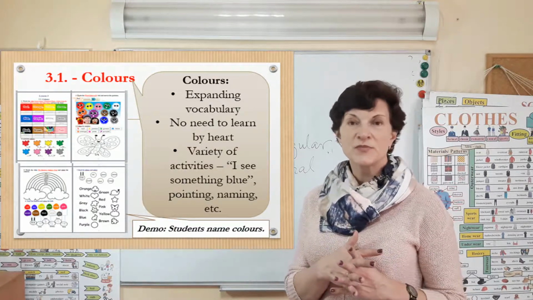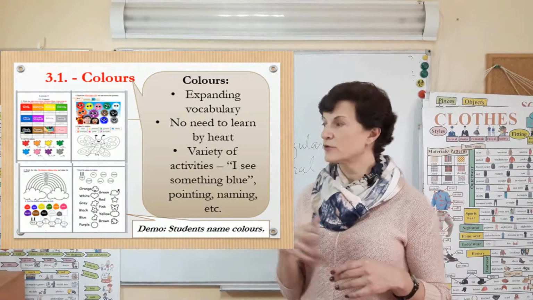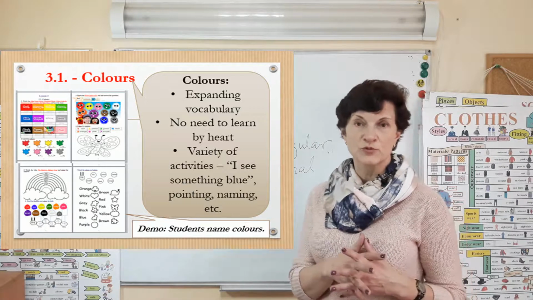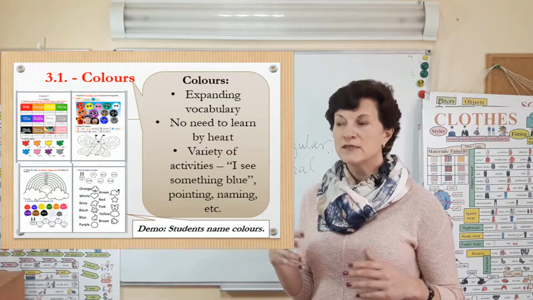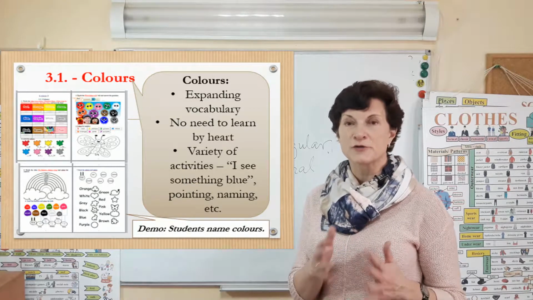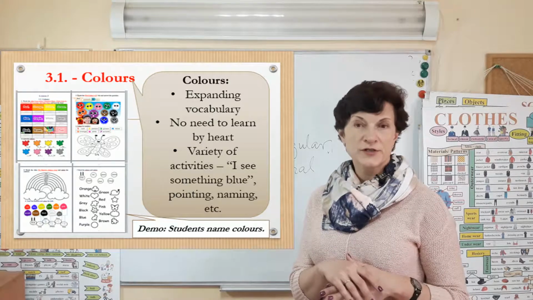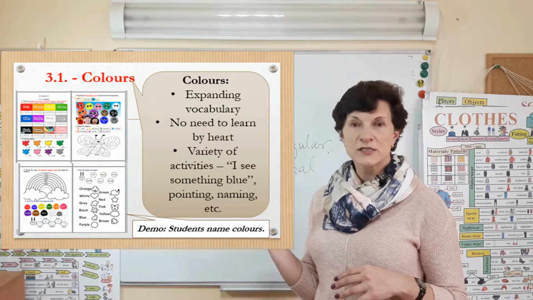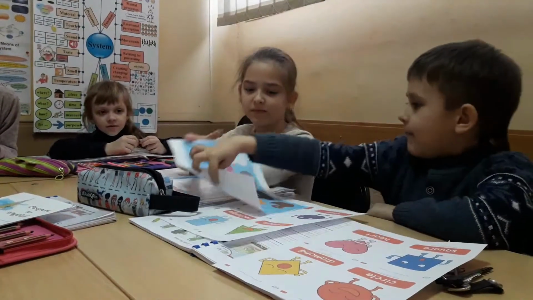But actually there may be many more, such as I see something blue and the kids had to spot something blue, then pointing at the colors and so on. In the video that demonstrates our students, you will see how they use a worksheet where they point and name the colors.